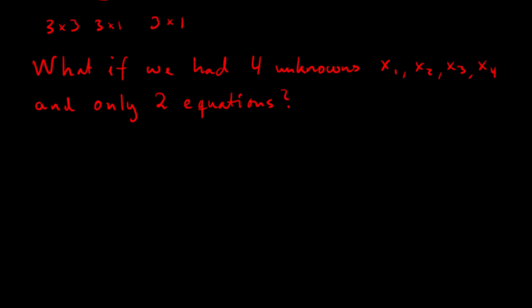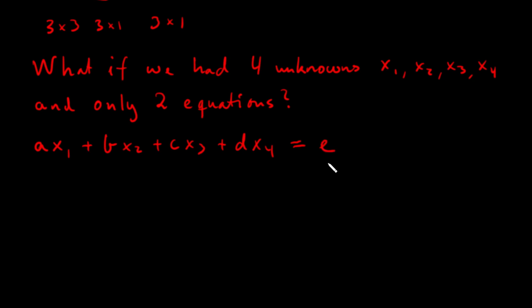Yes, the answer is yes. And if we just invent some arbitrary names for these coefficients in front of the unknowns, let's say we have a x1 plus b x2 plus c x3 plus d x4. We don't know what these numbers are, but we assume they are given in some way.